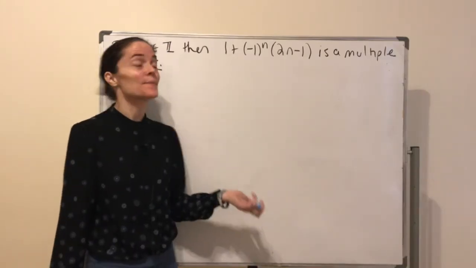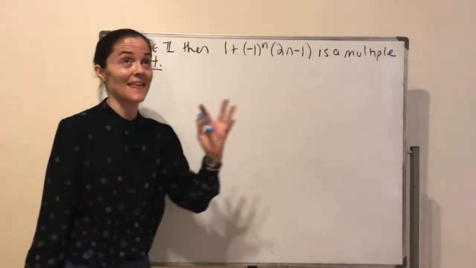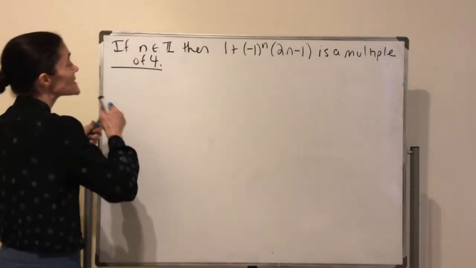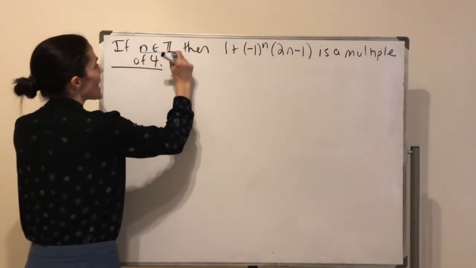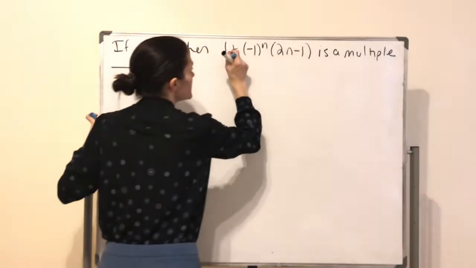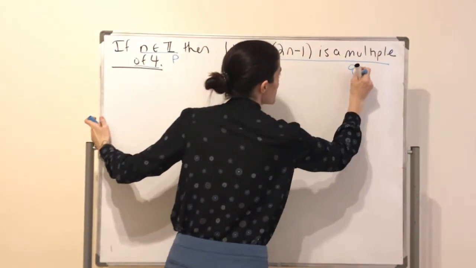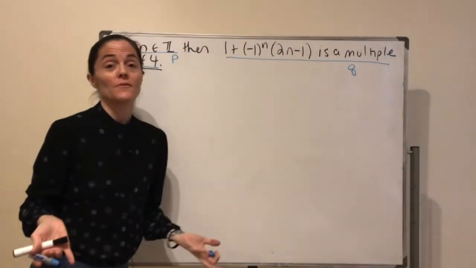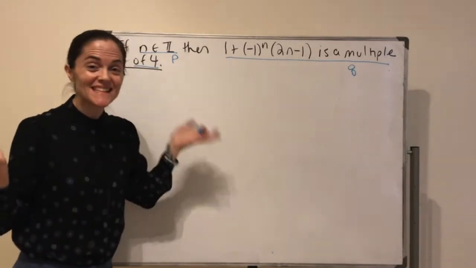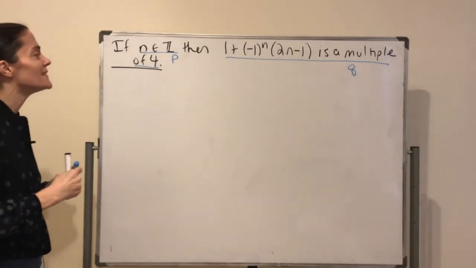Here's another example where we want to really think about cases. Now, as I have written this as a P implies Q, this is an implication, and in fact, we will prove this directly.